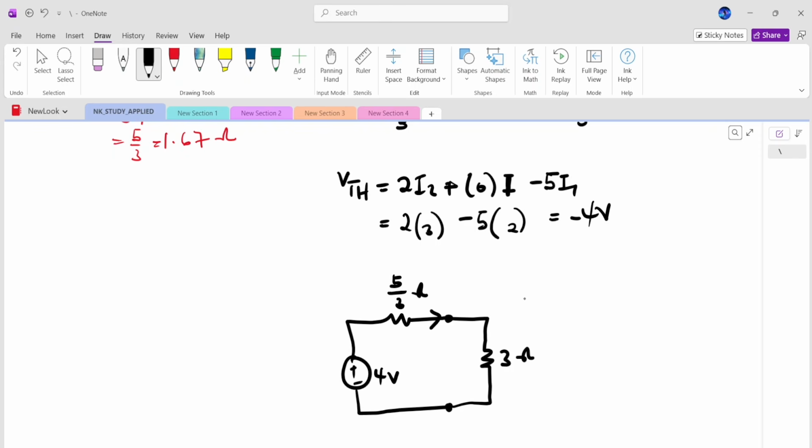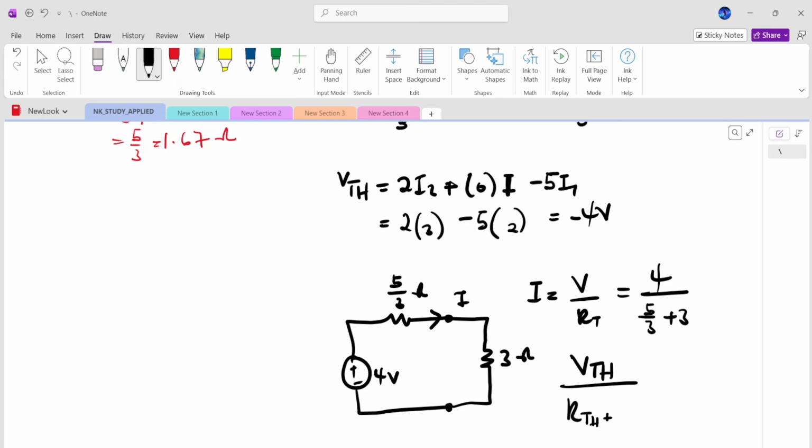So the current in this circuit, let's say, is I. We know I is just going to be the voltage divided by the R total. The voltage is 4 and is dividing 5/3 plus 3. Or usually people would write VTH over RTH plus the resistor that you are searching for in particular. So this is going to be 4 over 5 on 3.